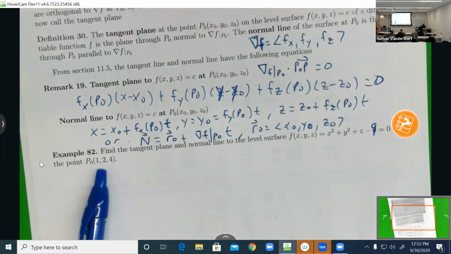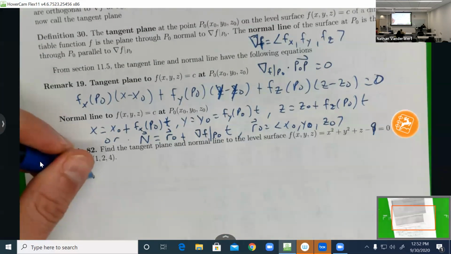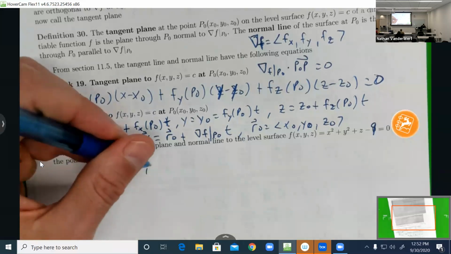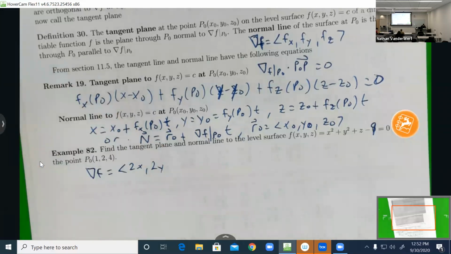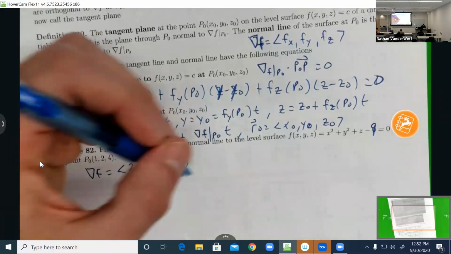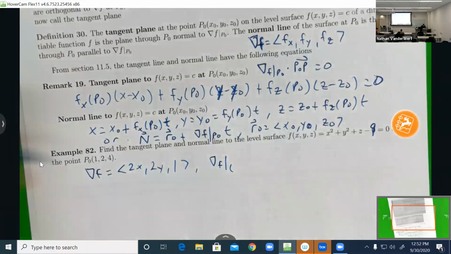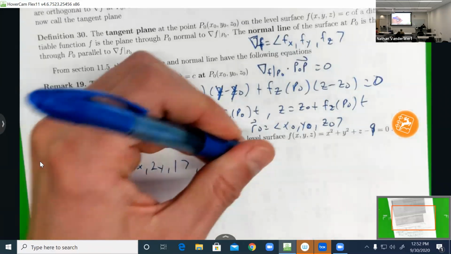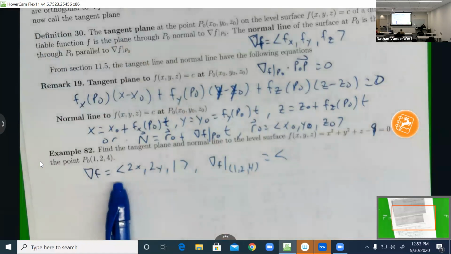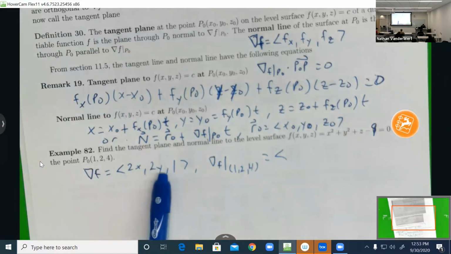Let's first start by calculating the gradient of f. The gradient of f is going to be 2x, 2y, and 1 for the derivative of z. So the gradient of f at (1, 2, 4) is going to be (2, 4, 1).